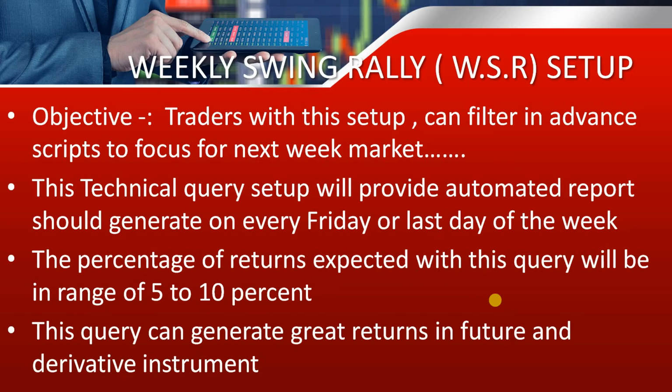The return of the movement that can be expected with the setup would be in the range of 5%. When markets are trending, certain stocks can perform towards 10%. The USP of the setup is that the trader can plan their trades proactively with limited stocks, with very low risk and high returns.